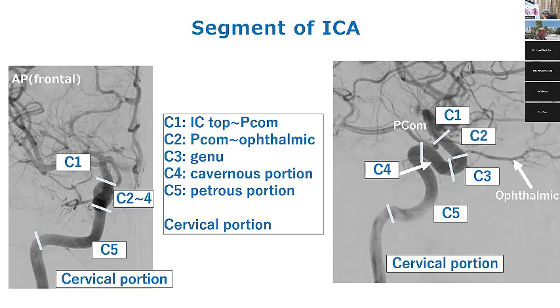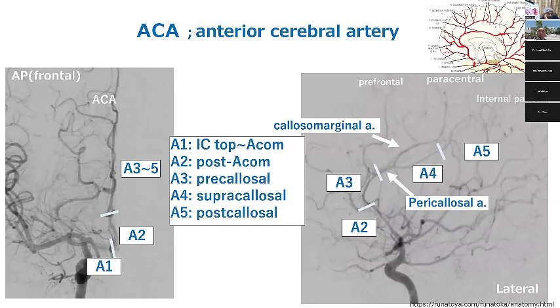The anterior cerebral artery runs mainly in the interhemispheric fissure and supplies a main portion of the frontal lobe and parietal lobe. The ACA is labeled from A1 to A5.